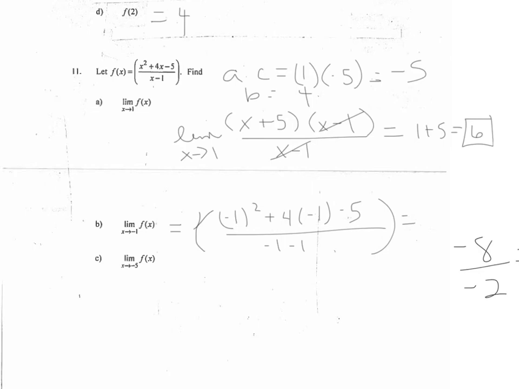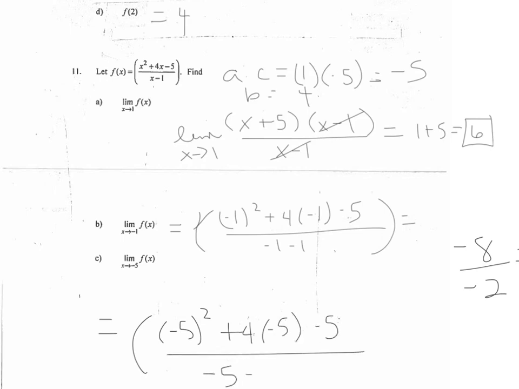Okay, and then on the last one, if we were to plug in -5, again, it's not going to be indeterminate because the denominator is not going to be 0. So what I need to see is what happens if -5 goes in for x. And what did you get back for that numerator?